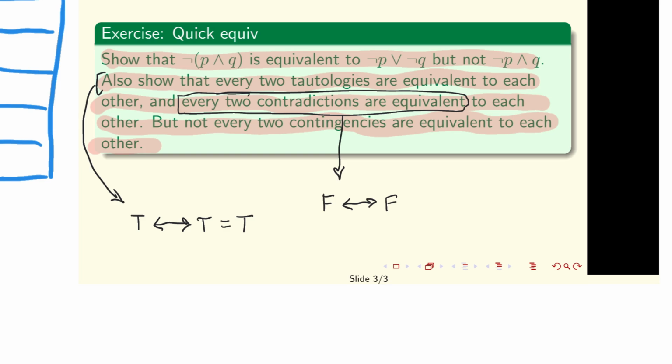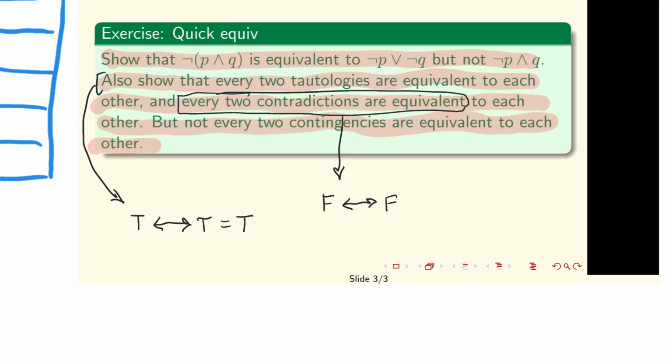You're always going to have true ↔ true, and that always evaluates to true, because recall the rule for the biconditional is that it comes out true if the two sides share the same truth value. That's why two tautologies are always equivalent: when you form the biconditional, it always comes out true. So the biconditional is a tautology, and so the equivalence holds.